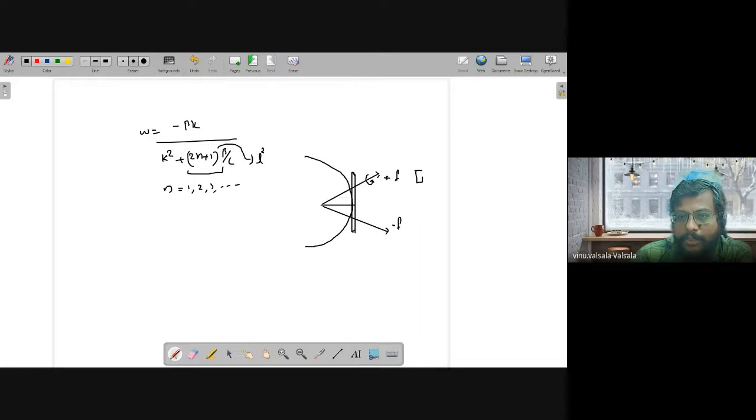Suppose there is a small mass m attached to a spring with another big mass, capital M, attached with another spring to another small m. Let the spring constants be K1 and K2. I think this system is familiar to most of you.